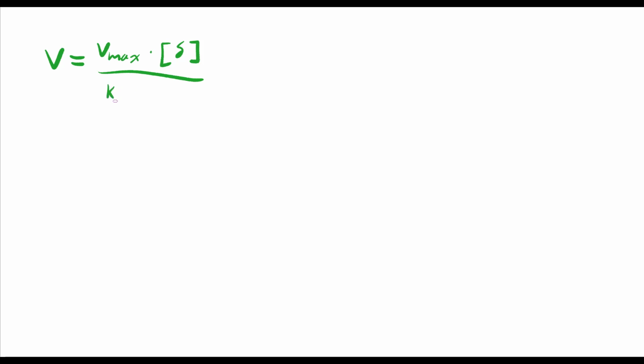Now Km is called the Michaelis constant, and that's different for every enzyme that you have, and I'll actually show you how to derive that for the Km. And then you add the concentration of the substrate again, okay?